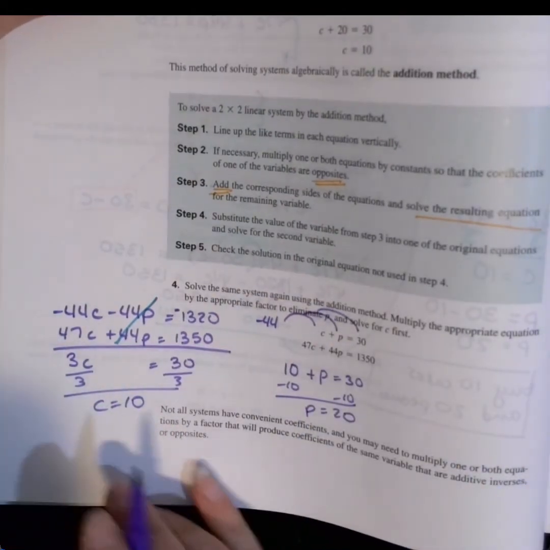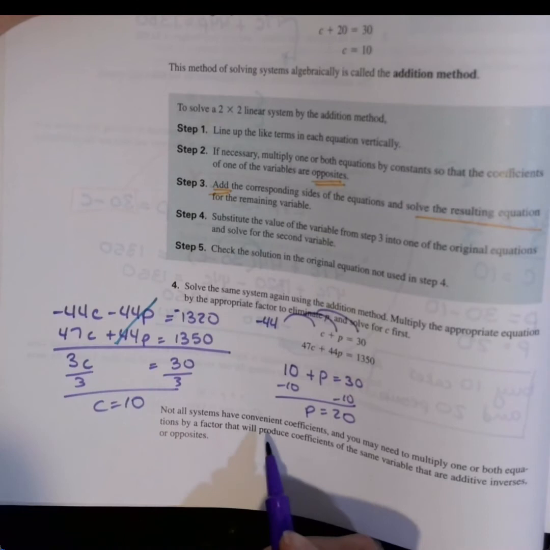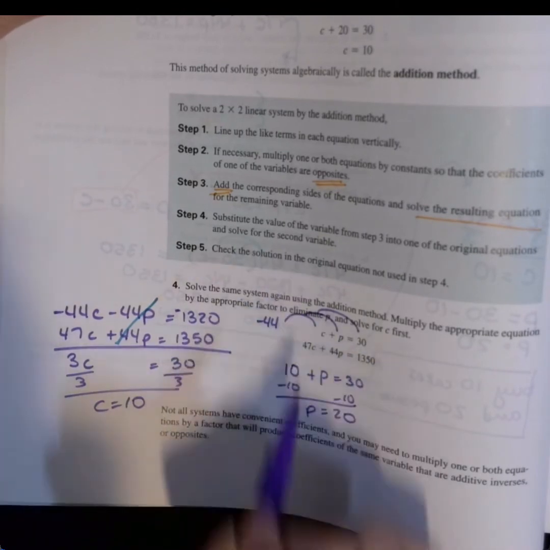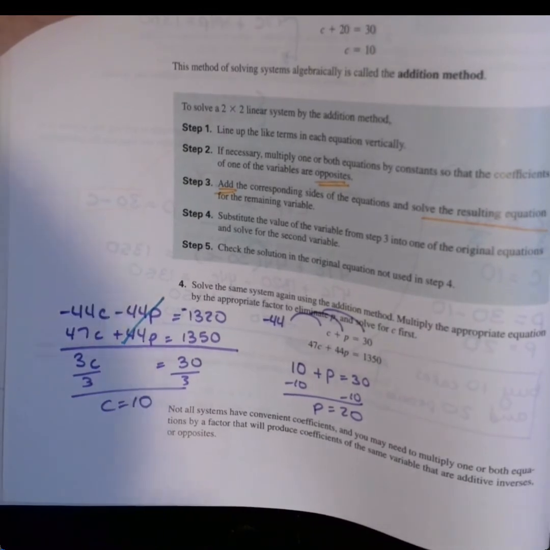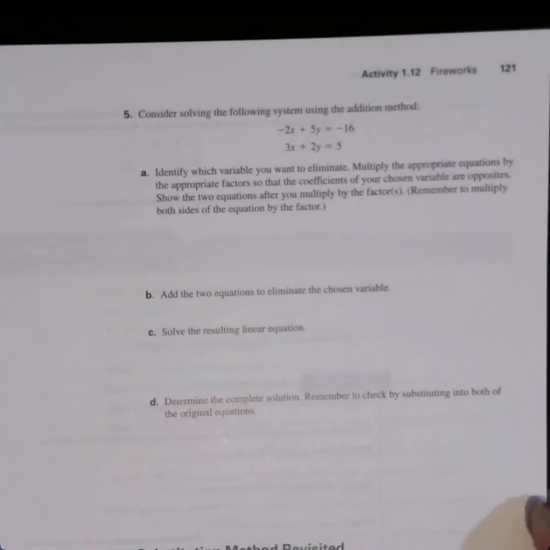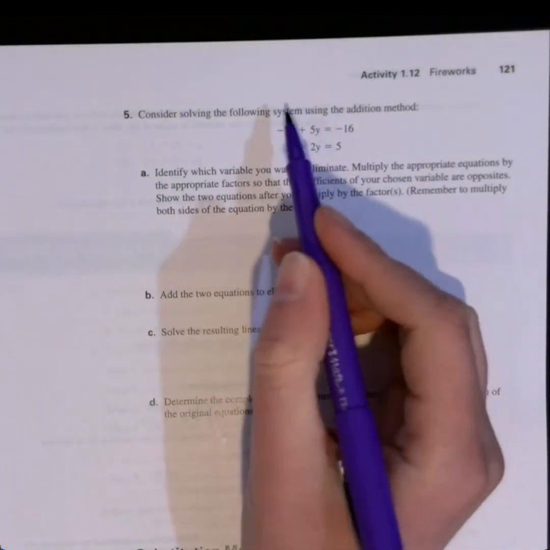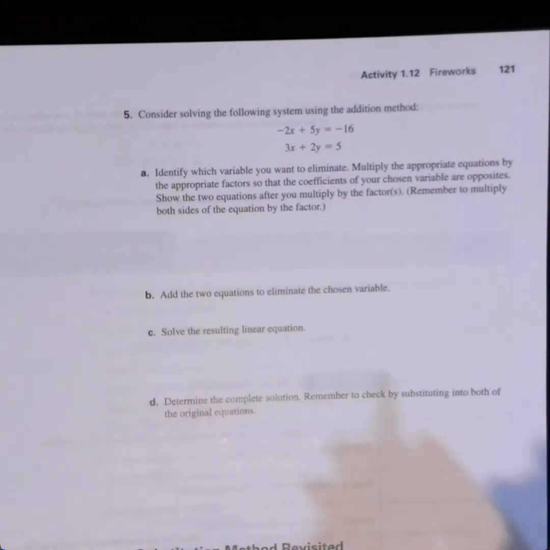Now, note at the bottom, not all systems have convenient coefficients, so sometimes we need to multiply both the equations by something in order to get them to be additive inverses or opposites. So we'll do that in this case. So I'm going to examine these and think about the x's.